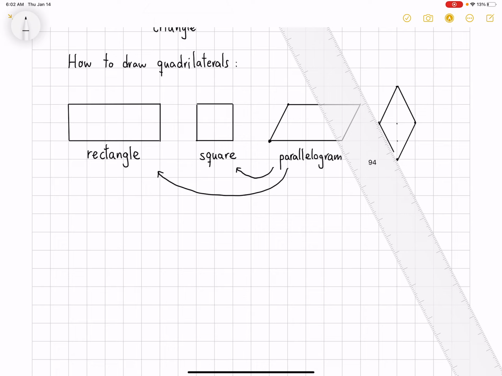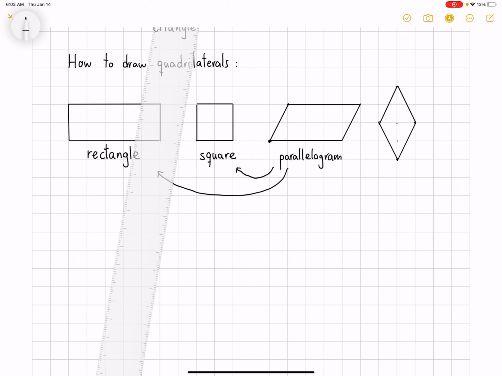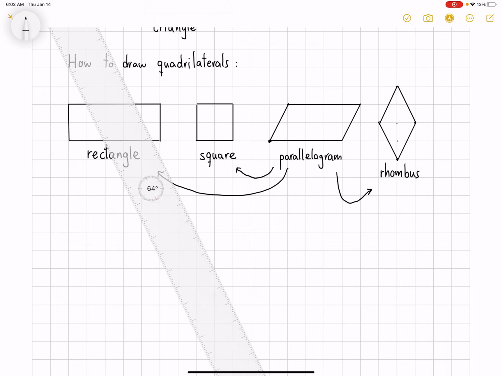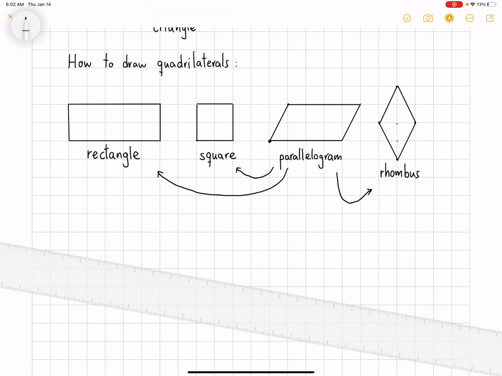Now, as you can see, all the sides are equal, so this rhomboid is called a rhombus. Rhombus. And the rhombus is also a parallelogram, right? Good. So here we have seen how to draw quadrilaterals, but remember that not all quadrilaterals need to be parallel.